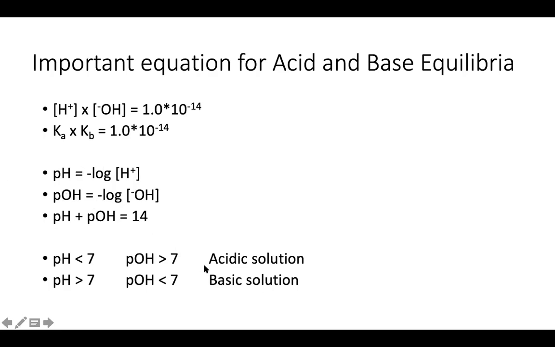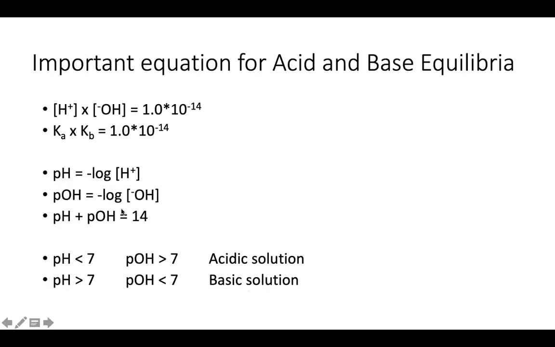Okay, and here are some constraints that show you an acidic and basic solution. Before going into the chat and answering any questions that I haven't been able to address yet, I just want to make one comment so that you're aware of it. If you plug into your pH equation a concentration of H plus of 1 molar, when you solve for your pH, it will actually come out to 0.